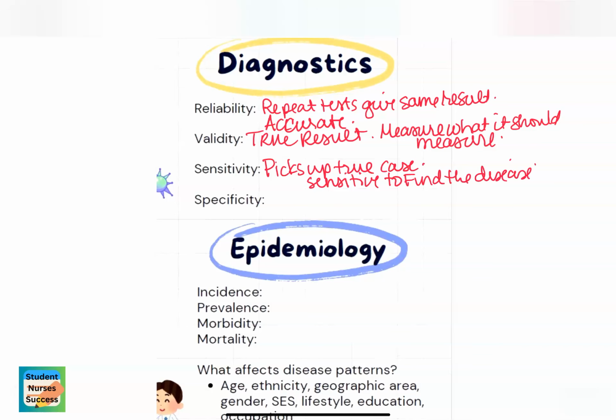Where specificity distinguishes who does not have the disease. With that, it means it's specific to who has the disease.